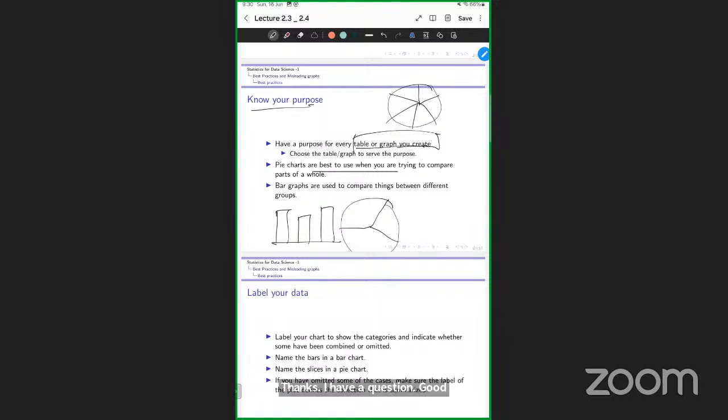There was a question: a poll was conducted by IMDb to rank 200 movies released in 2019 based on the revenue collected. Which graph is best suited to represent this data? The options were pie chart, bar chart, Pareto chart, and none of the above.